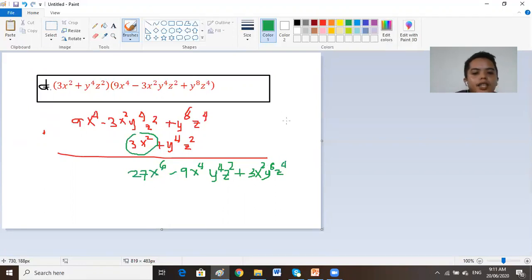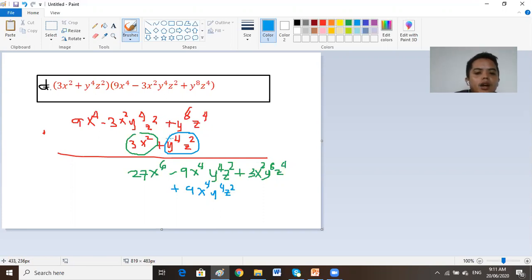Then after that one, you proceed now with this one. So same process, you multiply this one with 9x^4. So that is positive 9x^4 y^4 z squared.